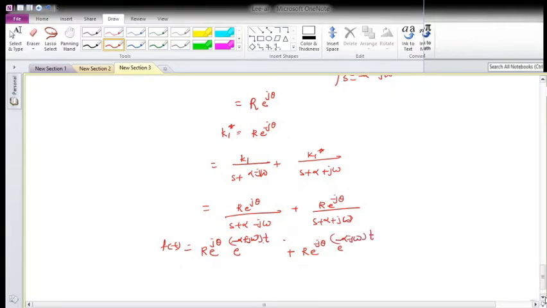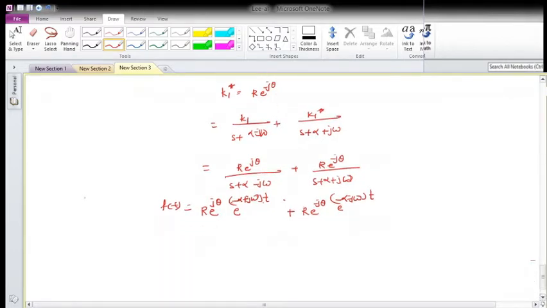And this will be r e raised to j theta into e raised to minus alpha t, e raised to plus j omega t, plus r e raised to minus j theta, e raised to minus alpha t, into e raised to minus j omega t.